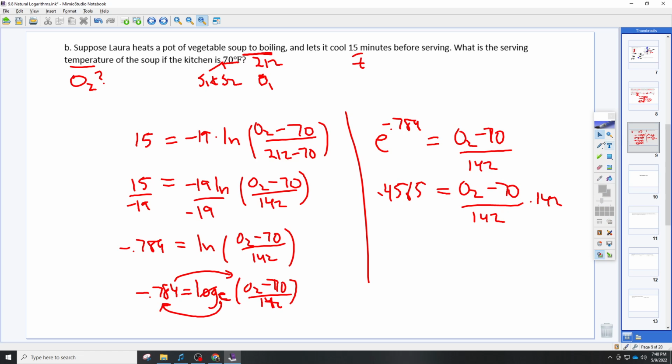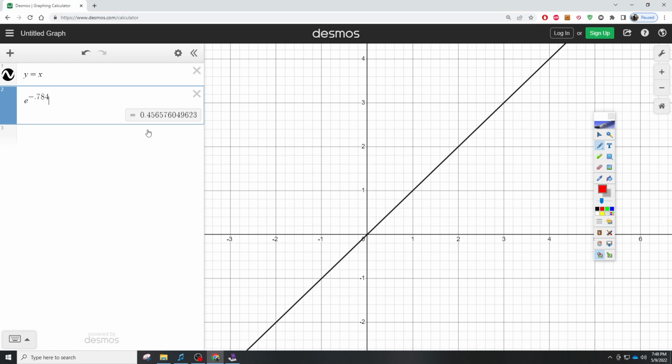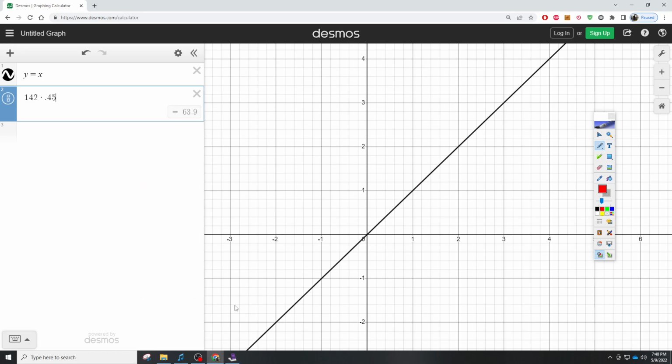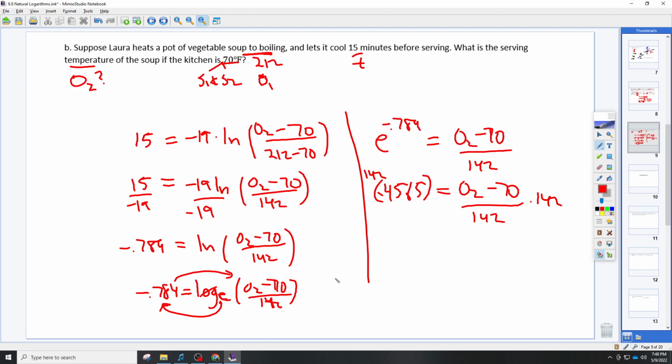On this side, same thing, 142. 142 times 0.4565 is 64.83, which equals O2 minus 70, because these 142s will cancel.